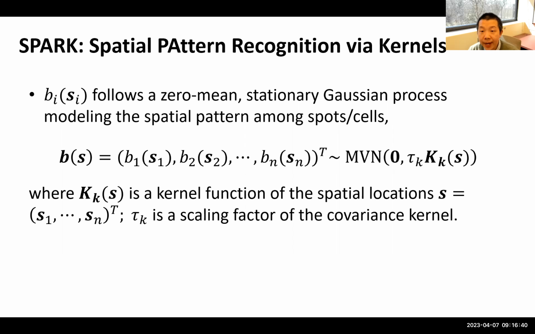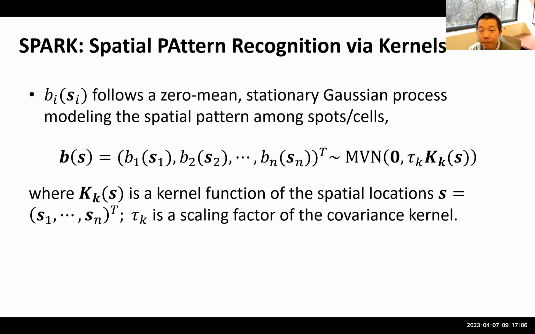On the other hand, b sub i is critical. So b sub i tries to model the spatial expression pattern. And to do that, we assume it follows a zero-mean, stationary Gaussian process, to model the spatial pattern across the locations or the spots. So we have n different locations, so you can combine all the n b sub i's together into a b1, b2, ..., b sub n, n by 1 vector.